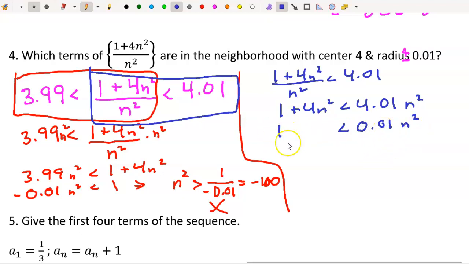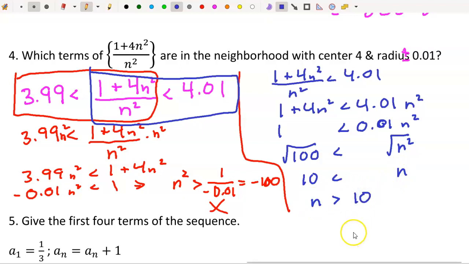And I don't have a negative here, so that takes care of that problem. So divide both sides by the 0.01, or 1/100th. So 1 divided by 1/100th will give us 100. And now we can take the square root. And technically, square root of both sides gives you a plus or minus, but this is a natural number. There's no such thing as a negative natural number, so we just leave it as positive only.